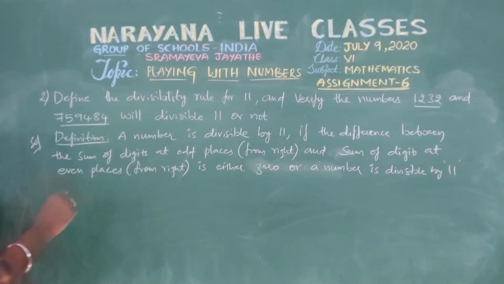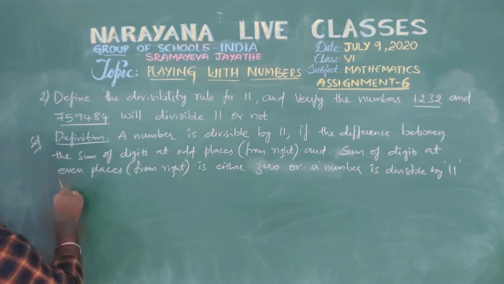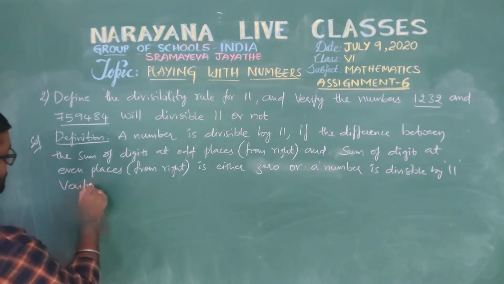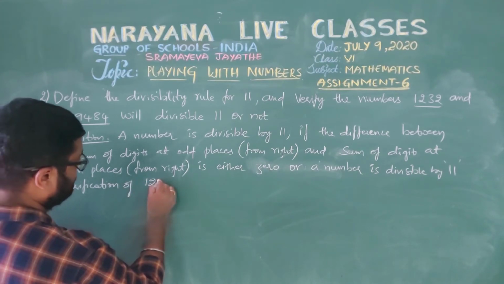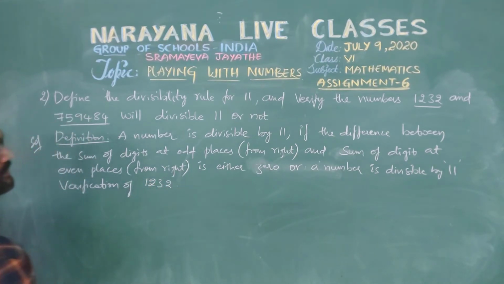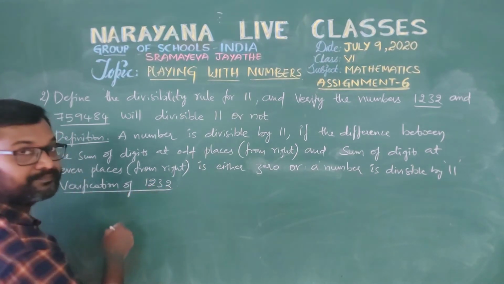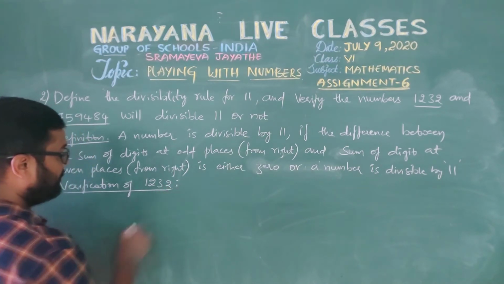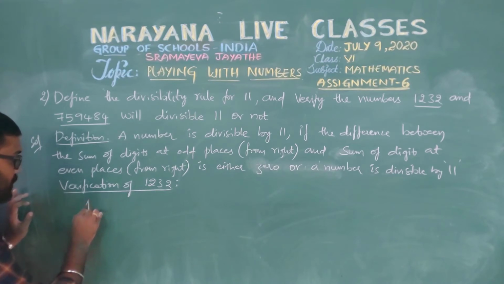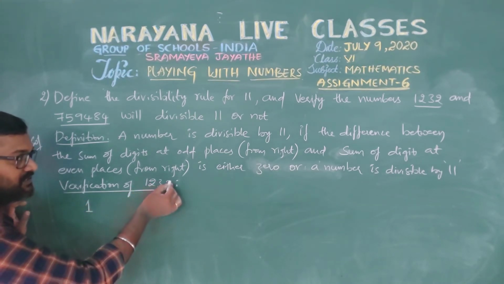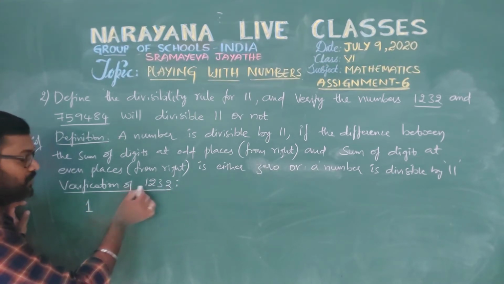So let's do the verification. Verification of 1232. Isn't it? See, if you take this number, we have 4 digits in this. This 2, 3, 2, 1.